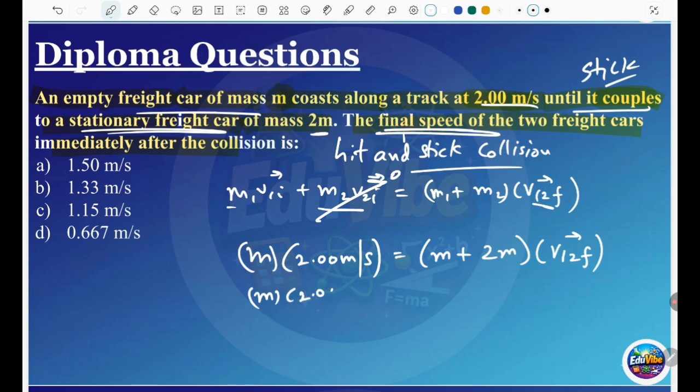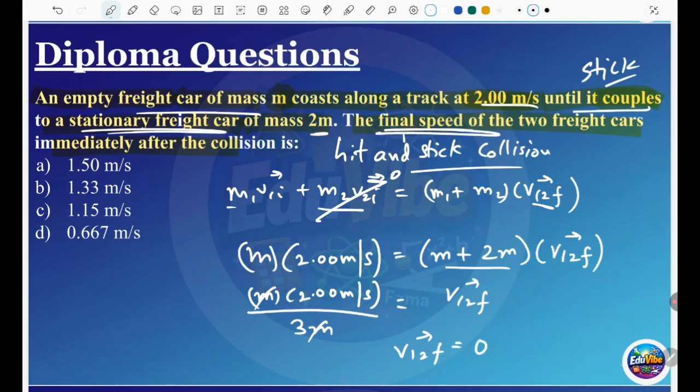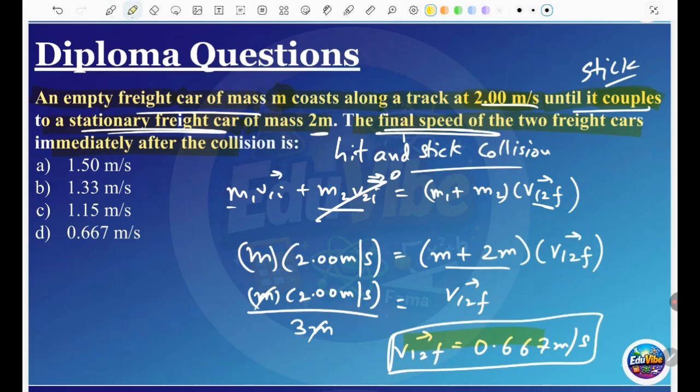The m cancels, and when you solve 2.0 divided by 3, you get about 0.667 meters per second. So this is the final speed of the two cars immediately after the collision. So this is option D.